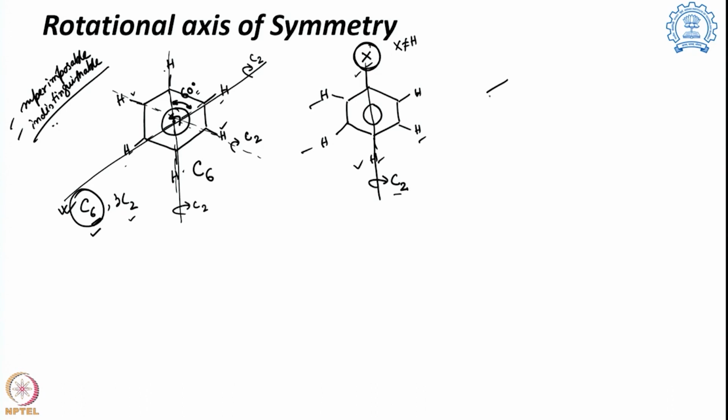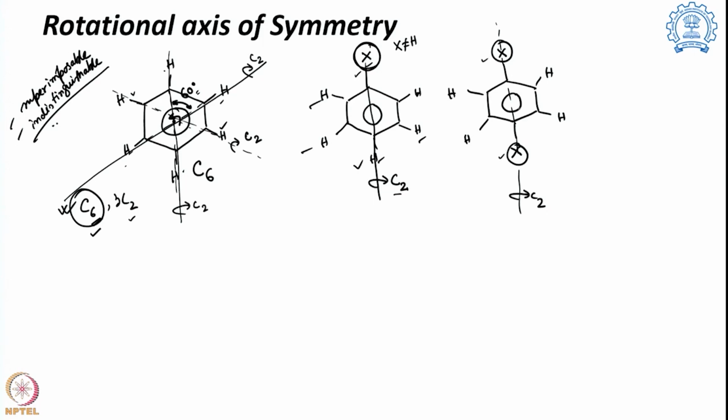Now, let us look into the other benzene rings we have proposed. Over there we can have the disubstituted one. Obviously, similar to the monosubstituted one, 1 C2 is still present over here, and there are other C2s also present because of the presence of the 2 X groups.